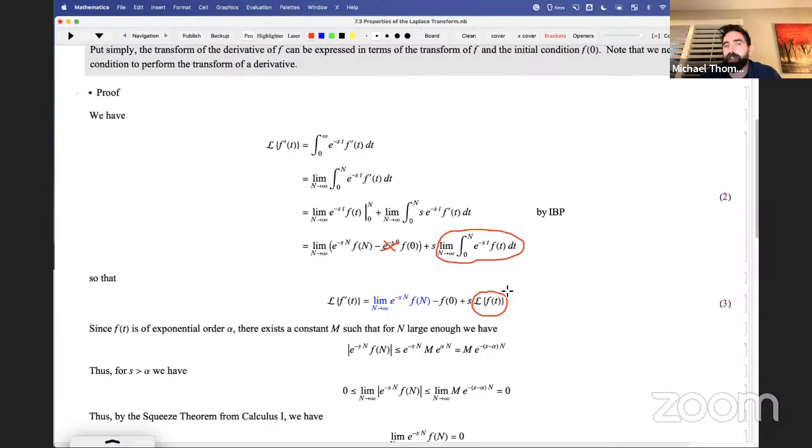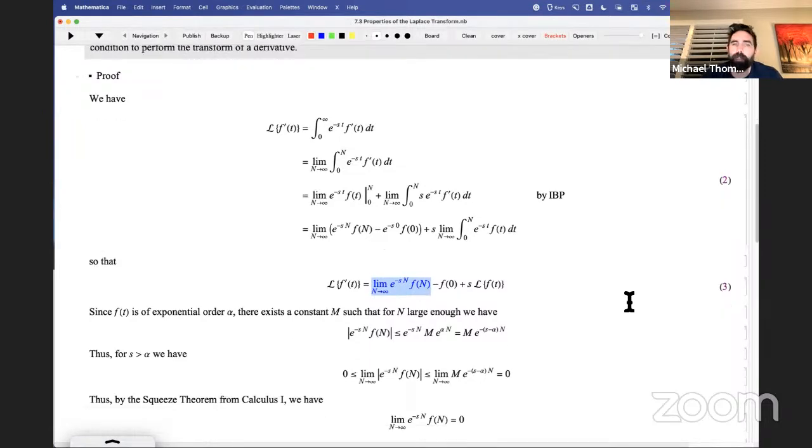So we can replace that guy. Okay, so really all we're left with is the Laplace transform of f prime equals, and this is just going to be f of 0. And that's just a number, right? We don't have to take the limit of it. But we still have to take the limit of that guy. So I'll leave that one in. I'll put it in blue because that's the difficult part.